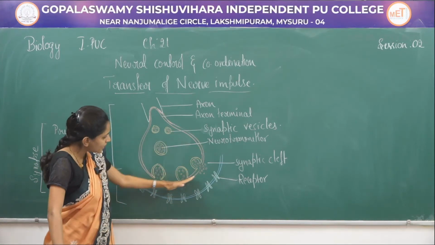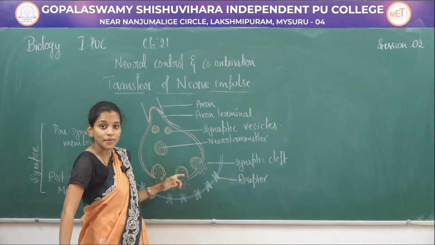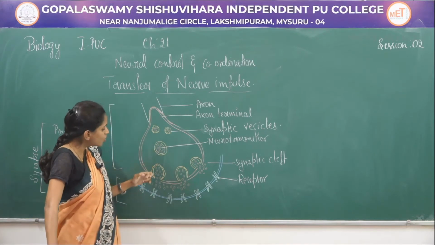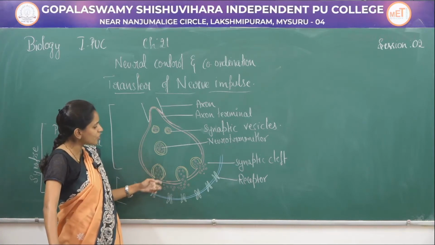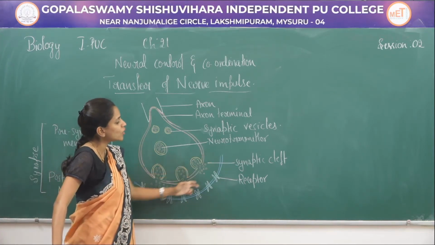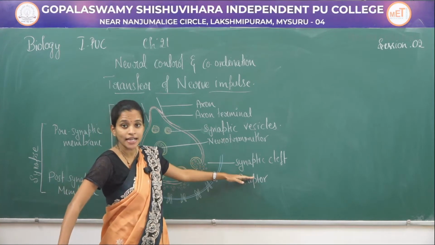Once they reach the presynaptic membrane, the synaptic vesicle fuses with it, which helps in release of the neurotransmitter into a space called the synaptic cleft.